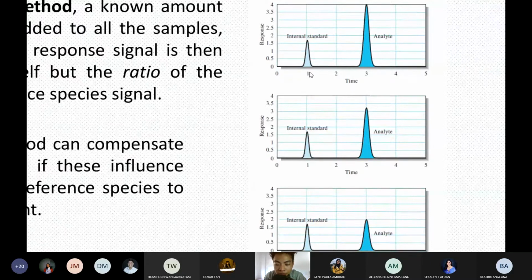Okay. So in order for you to determine the concentration of your analyte, you may want to do ratio and proportion with the internal standard. Okay. So you're going to get the ratio and proportion of the internal standard for each reading. Okay. So when you establish the correct proportion, then you can solve for the concentration of your analyte.